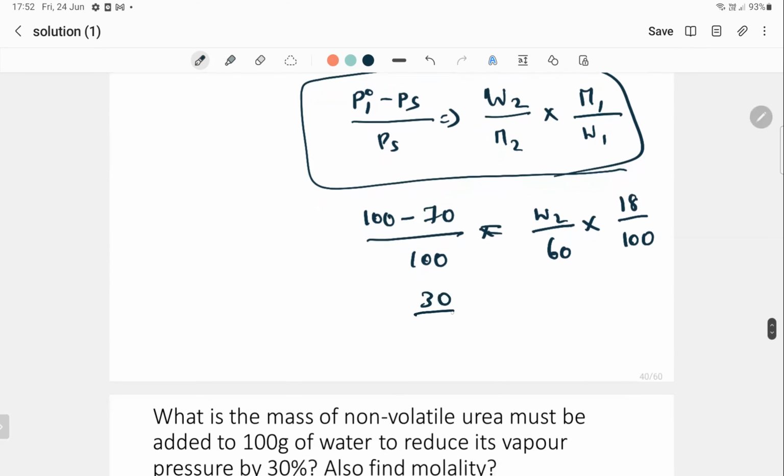So 30 divided by 100. So here it comes, 60 into 100 into 18 is equal to W2.